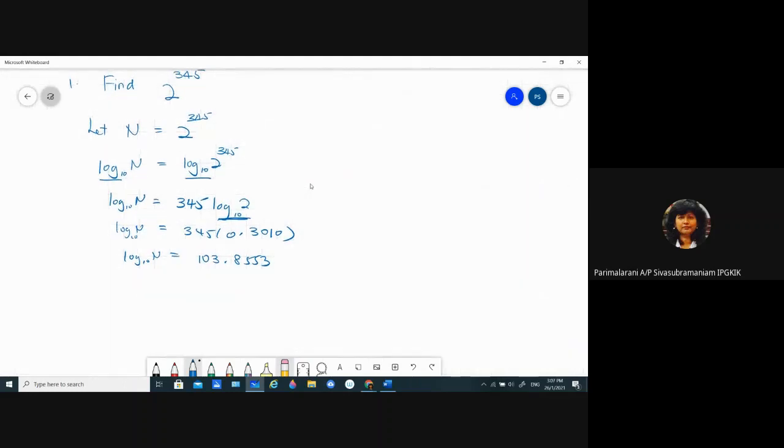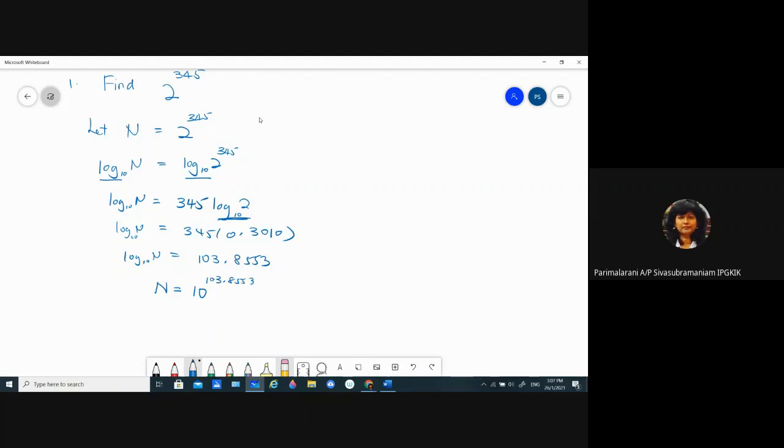But because we said let n be 2 to the power of 345, we need to find what is n. That's our answer. So when we say log n is equal to this, using the logarithm definition, we know that n is equal to 10 to the power of 103.8553.